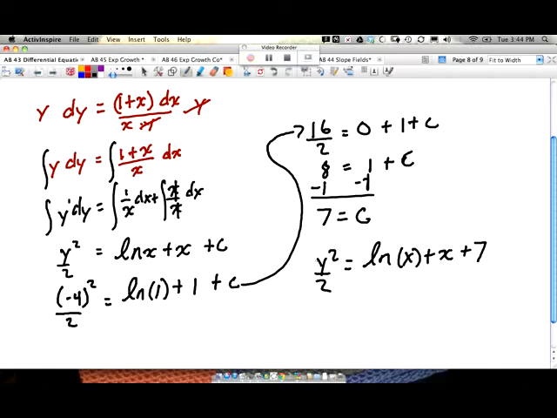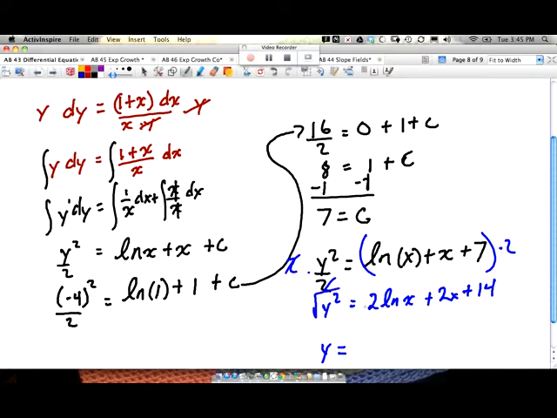Now from here, let's get y by itself. Why would we want to do that? Because we want y equals something. That's what we want. So I got to multiply both sides by 2 all the way around. That'll give me y squared is equal to 2 natural log of x plus 2x plus 14.